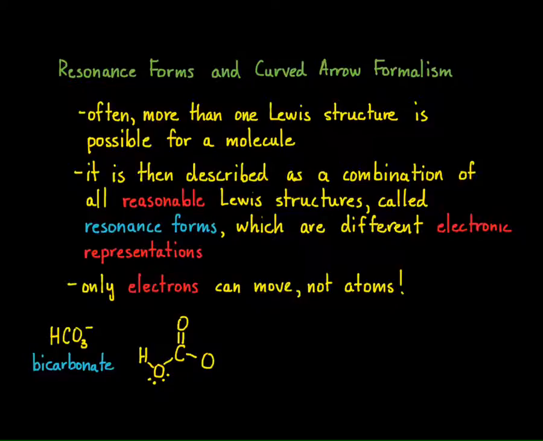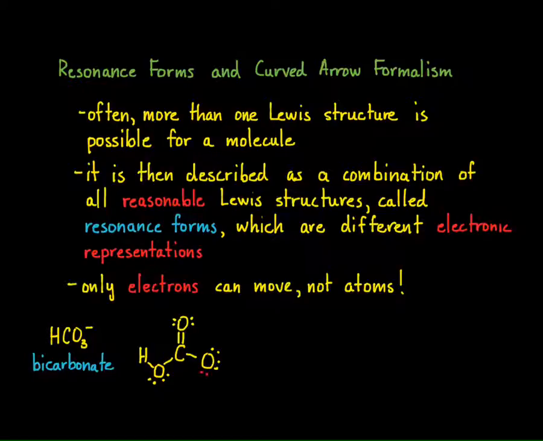Now, in terms of placement of electrons, we know that the oxygen in the bottom left has two pair of electrons. We also know that the oxygen at the top has two pair of electrons, and the oxygen on the bottom right has three pair of electrons.